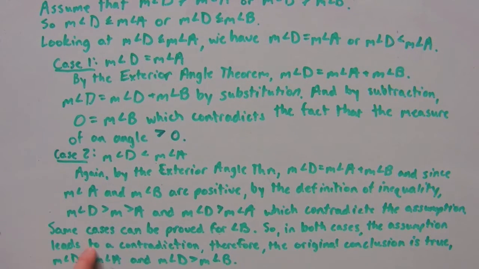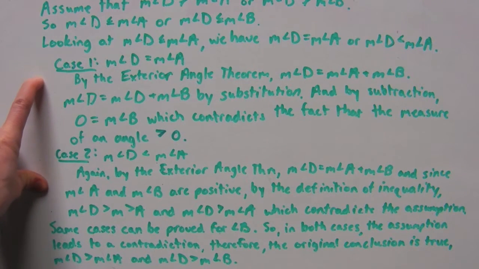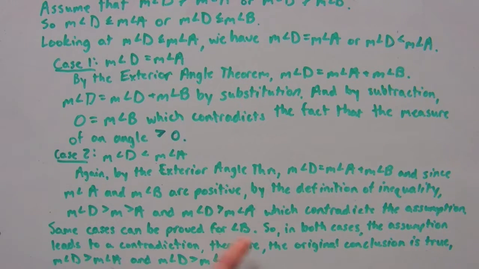These same two cases can be proved for angle B, but it's redundant, so we do not have to prove those for angle B as well. So in both cases, the assumption leads to a contradiction. Therefore, the original conclusion is true.